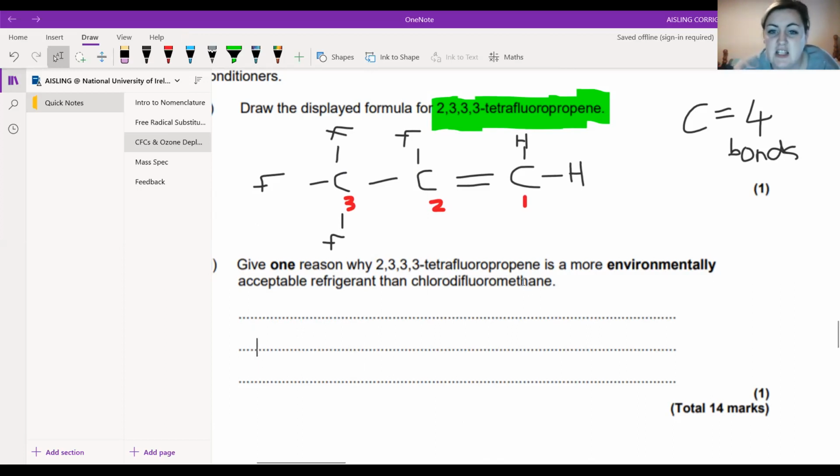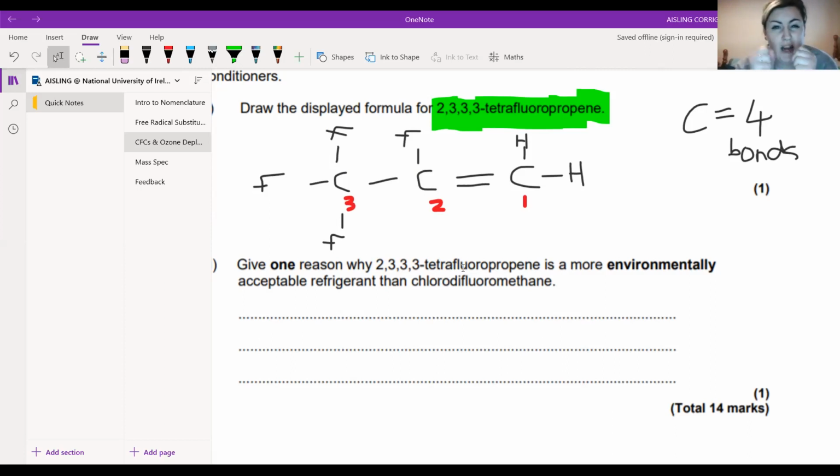So this contains the chlorine. This one doesn't contain any chlorine. And we know that fluorines won't get broken up by UV light. Do you remember why? It's got a really, really strong bond. That bond enthalpy is quite large. Again, it's based on the size of the molecule.